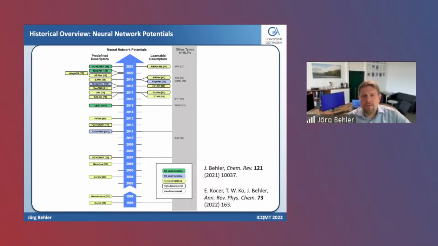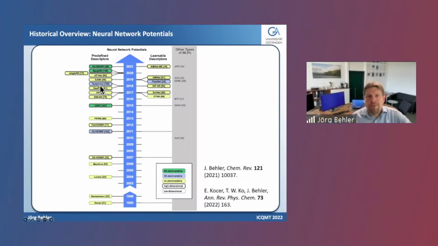They are almost a quarter of a century old. You see here just some paper highlights of the past 25 years in the field of neural network potentials and their evolution. You see that the entries become denser and denser from the bottom to the top. So this is a very active field of research with many methods routinely developed.